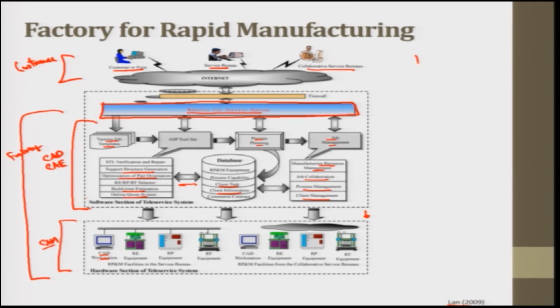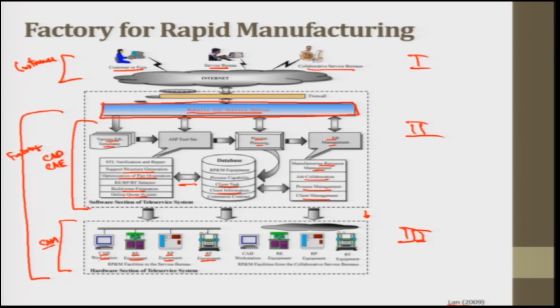In the second part, I will put this part 1, part 2, part 3. CAD can be in part 2 and part 3 both. This is reverse engineering equipment. And after CAD, we have reverse engineering equipment and rapid prototyping equipment and rapid tooling equipment. Finally rapid tooling happens, and after rapid tooling, the final product is taken to mass production.